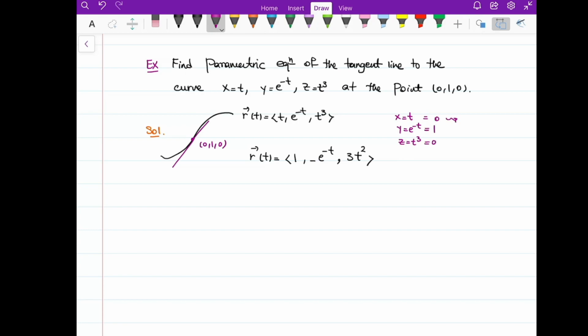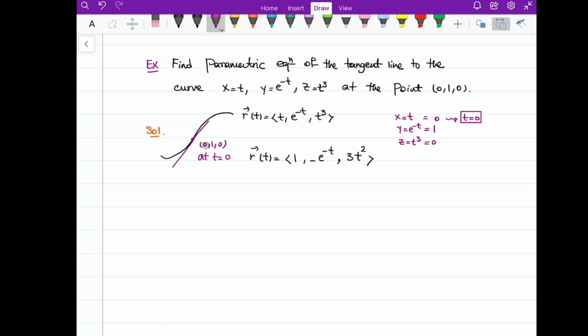What is the parameter? As you see, t is equal to 0, and let's check. If I plug in t equals 0 here, I get e to the 0, which is 1, and then I have 0. So the parameter that I was looking for is t equals 0. So at t equals 0, the moving point is on that point.